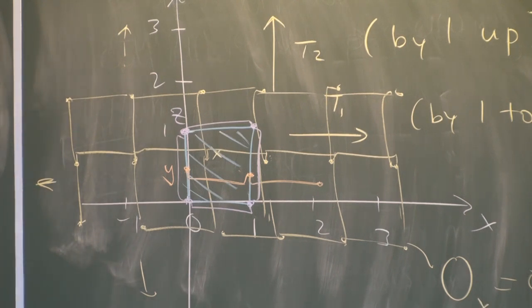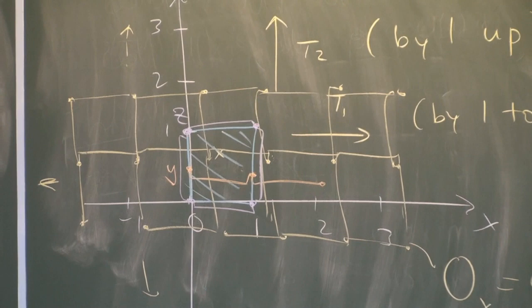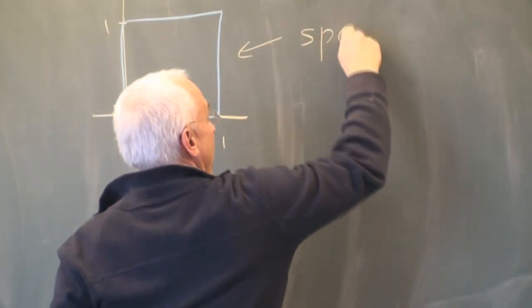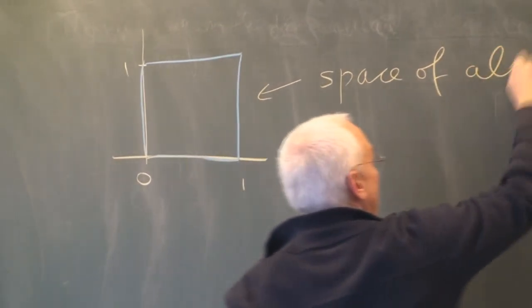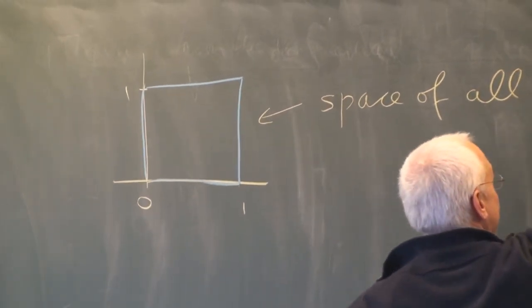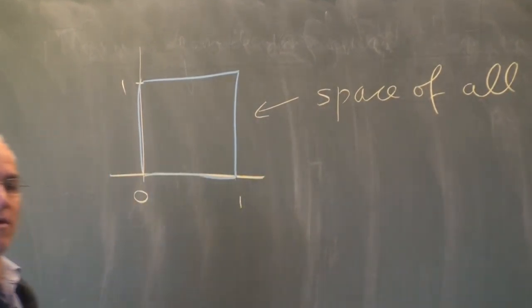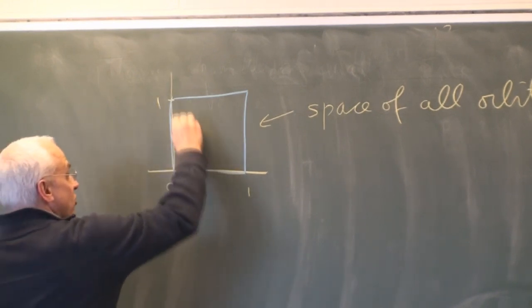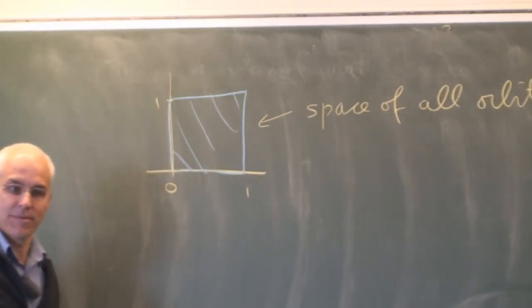So that square that we've been talking about there, I'll reproduce it here. There it is in blue. Okay. So this is now the space of all orbits. But we have to be a little bit careful, because to make that the space of all orbits, we need to make an identification.